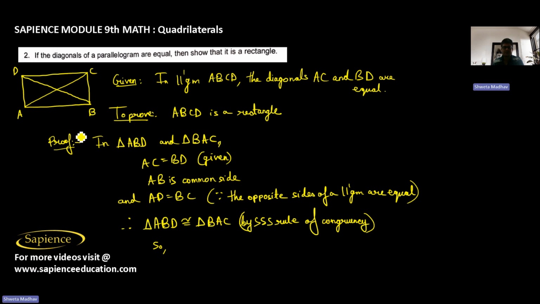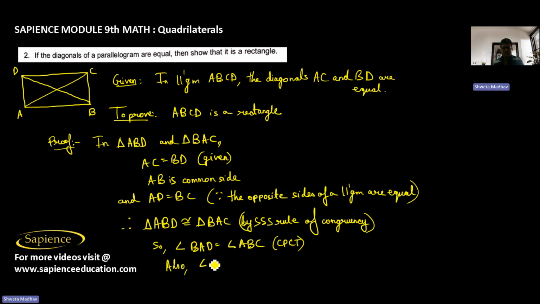So angle BAD is equal to angle ABC by CPCT.